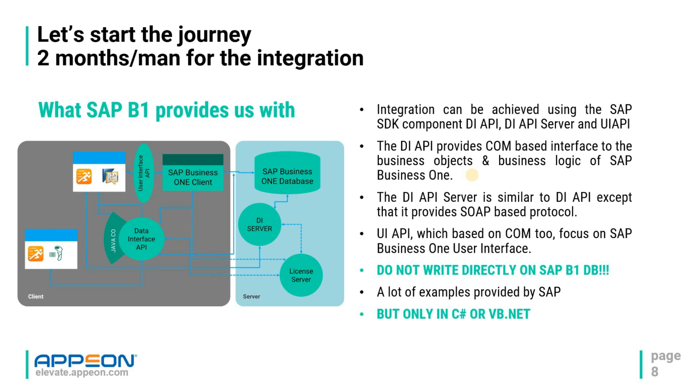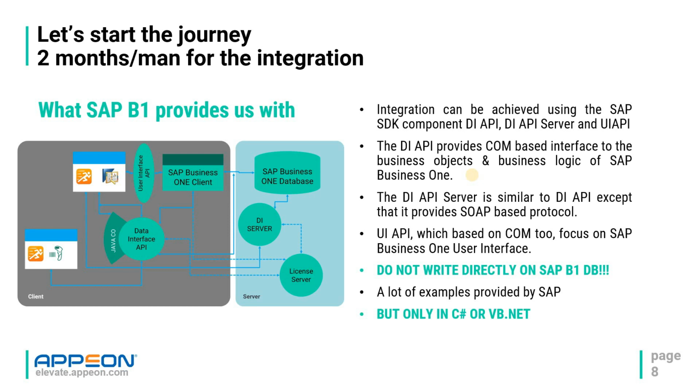The DI API server is similar to the DI API, except that it provides a SOAP-based protocol. In fact, as I said, the DI server is a Java application on an Apache server, on Tomcat. The user interface API is based on COM and is focused on the SAP Business One user interface.